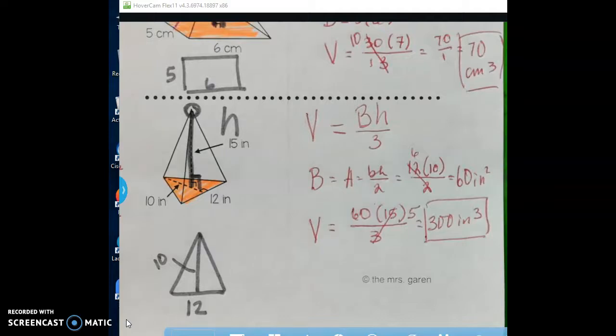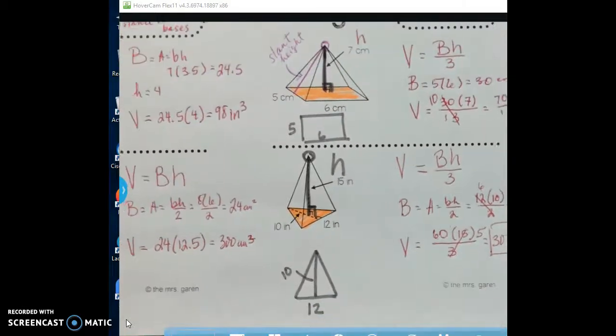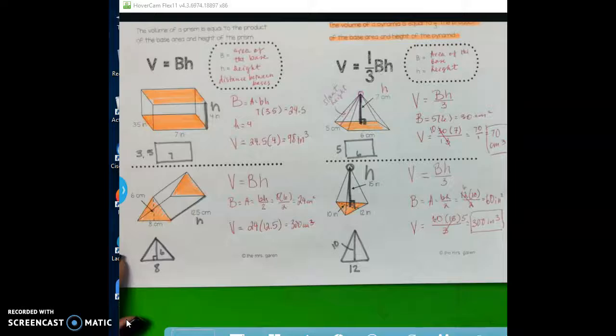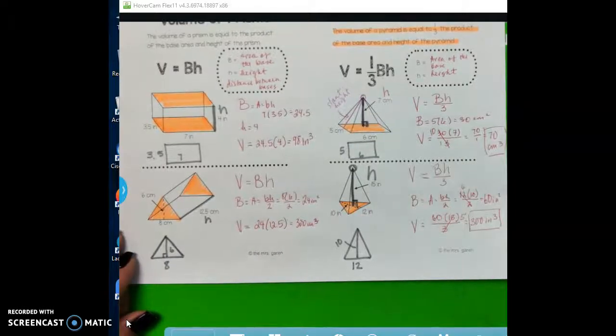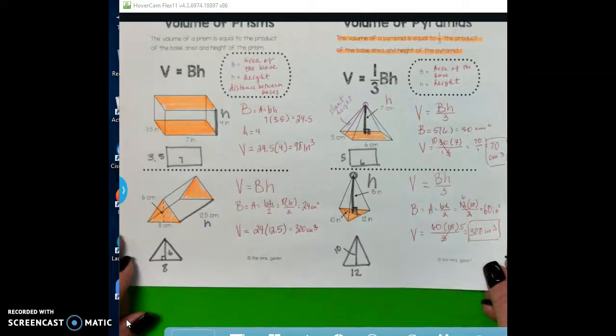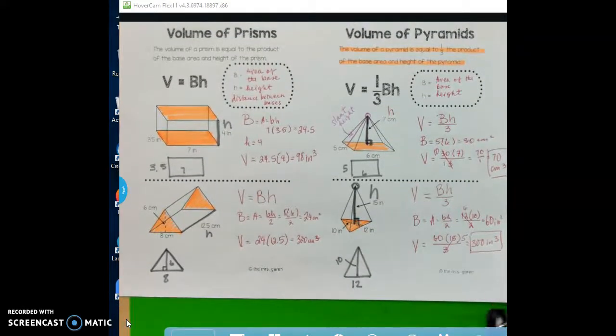So as you are going through these questions, these are great examples. They're very simple but straightforward examples of the shapes that you might be using for your creating my label assignment. You are welcome to reach out to me with any questions.